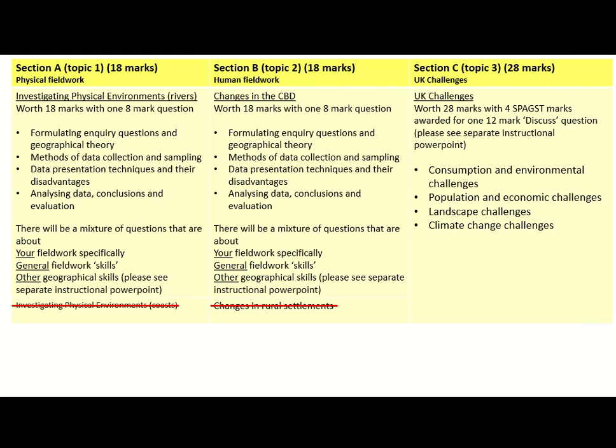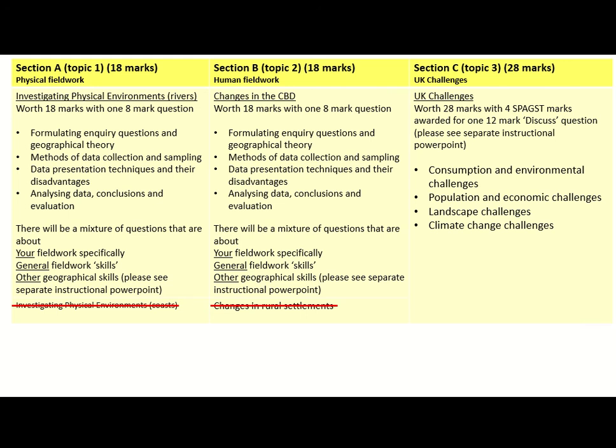Now, this is the only time you will get a question bigger than an 8-mark question throughout all 3 papers, and it will be the last question on all of them. So when you finish your GCSE Geography answering the biggest question, it's 12 marks plus 4 for SPaG, so it's actually worth 16 in total.